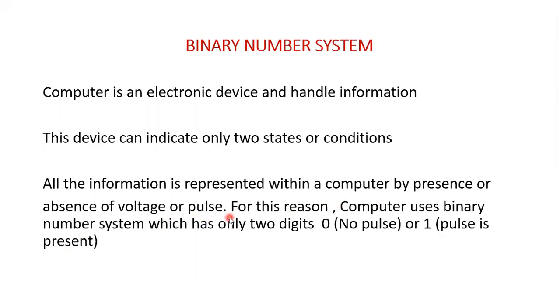Okay. For this reason, the computer uses the binary number system, which has only two values or two digits, that is 0 or 1. So 0 means no pulse, no current is present, absence, or 1 means a pulse is present.